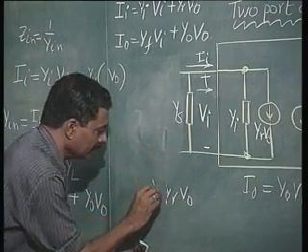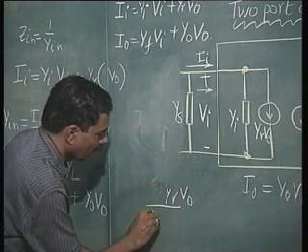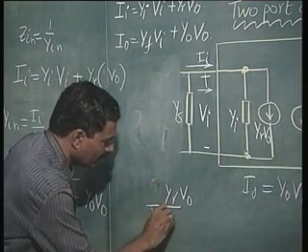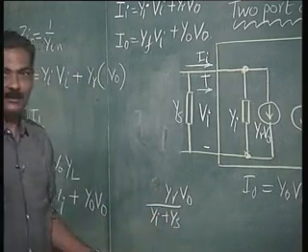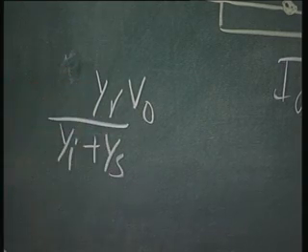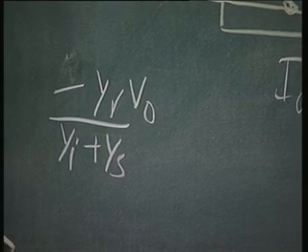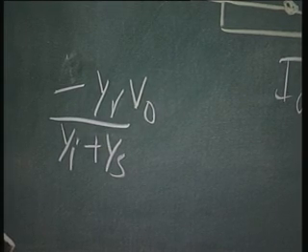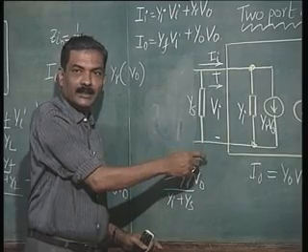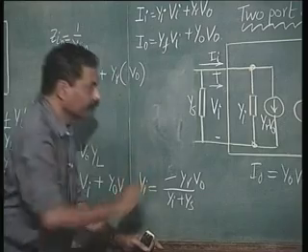That is nothing but YR divided by YI plus YS, with a negative sign. This is going to be the voltage at this point. This is going to be equal to VI.